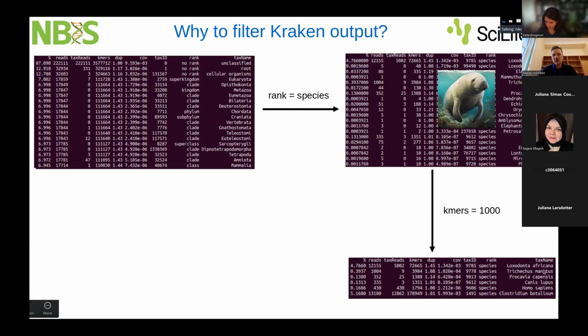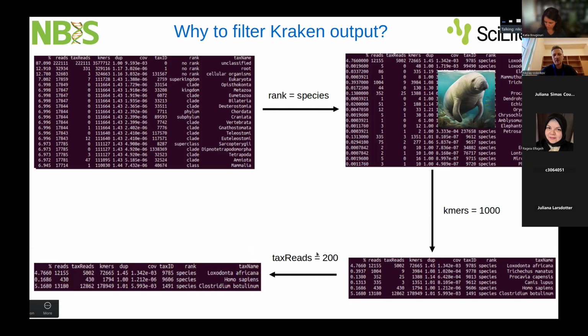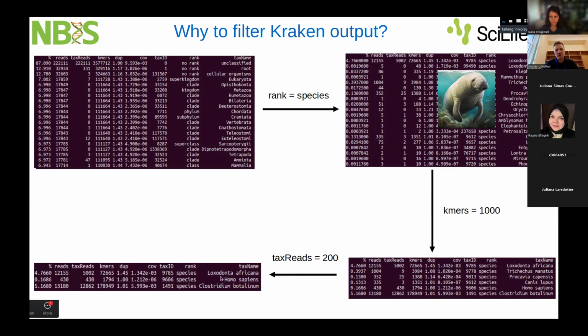Still, it's not good enough. So then you can demand that I want at least 200 reads to be associated with each organism I found. And then you get this crystal clear picture that there is Loxodonta africana, which is probably a mammoth sample. You get some human contamination and some bacterial contamination, just 3 organisms.